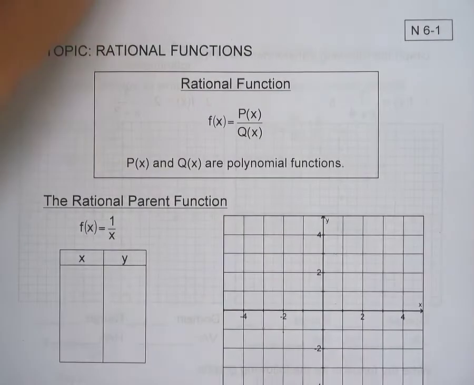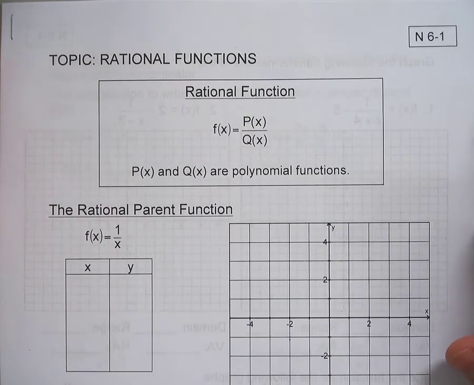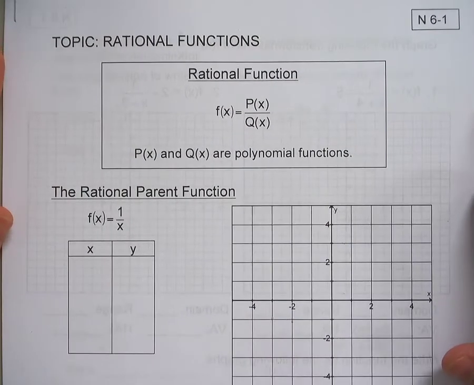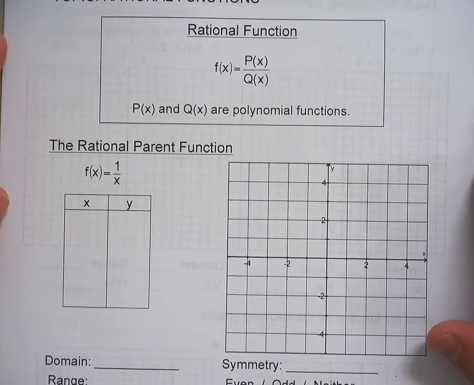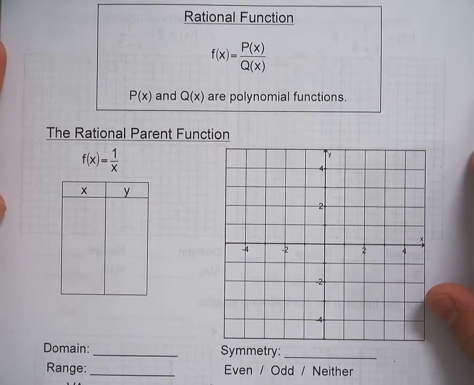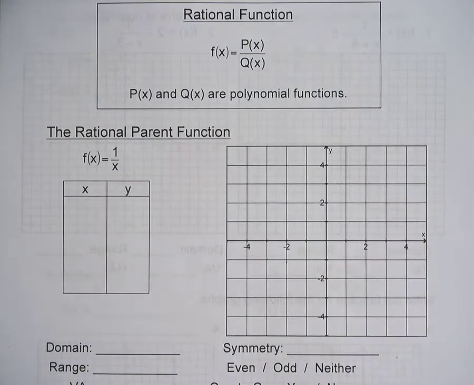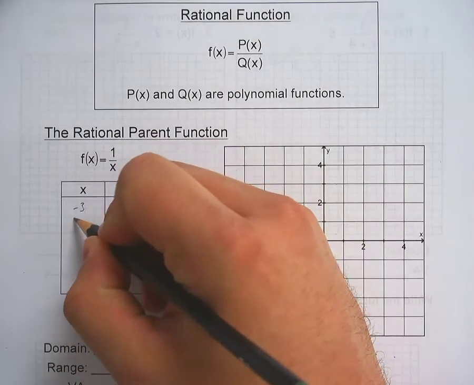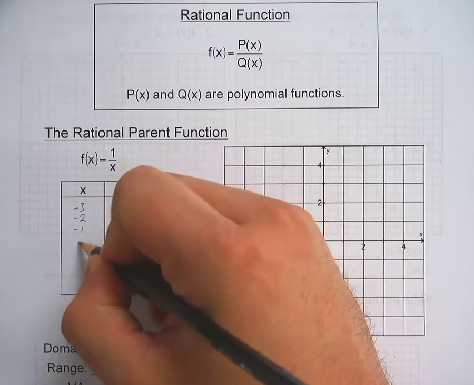So the parent function for a rational, we've got 1 over x as the rational parent function. And let's just put a few numbers in here and see what happens. So let's say we go from -3 to +3.